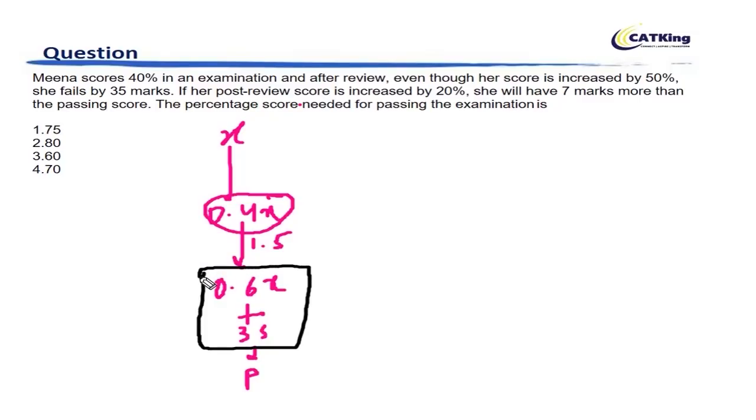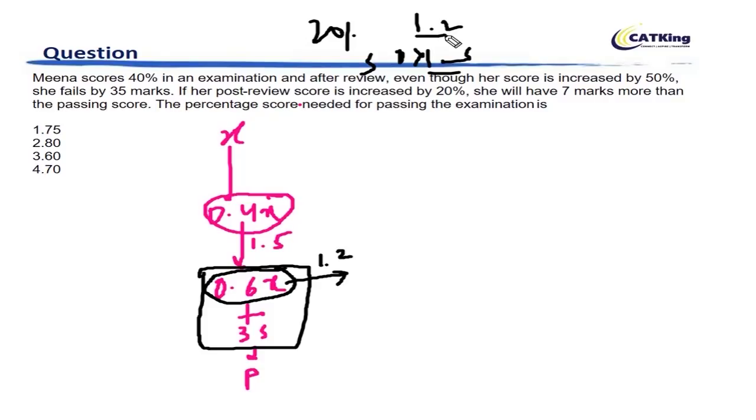Now, what's the post-review score? 0.6x. If the post-review score is increased by 20%, you multiply it by 1.2. So guys, I hope these multipliers are also clear to you. If you have to increase a number by 20%, you multiply with 1.2. If you have to increase it by 50%, you multiply with 1.5. So have a sense of these multipliers. They will really help you.